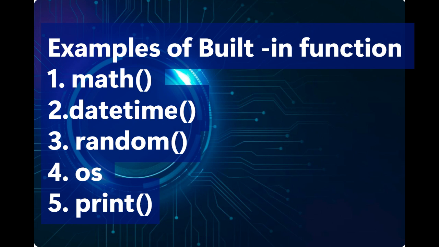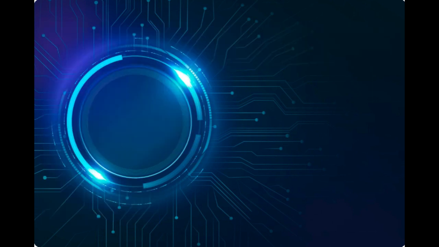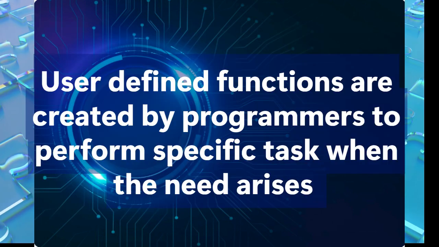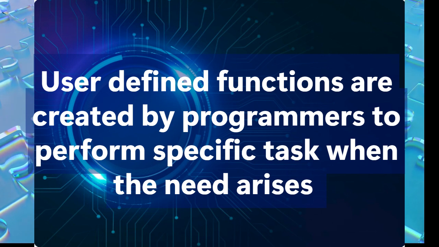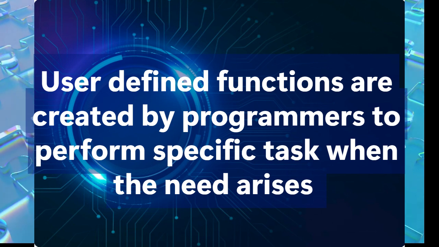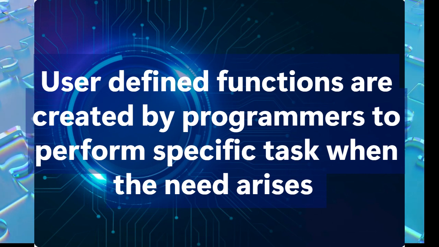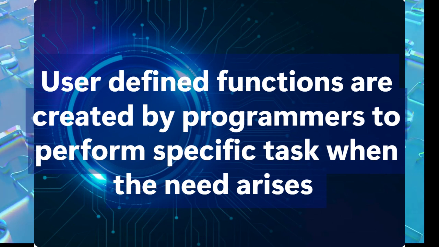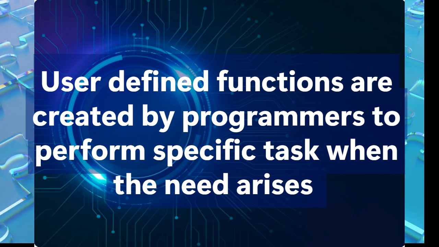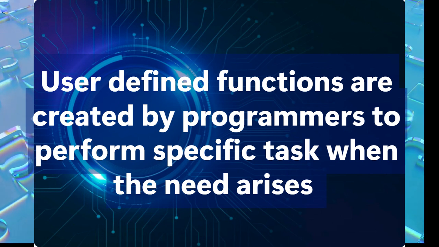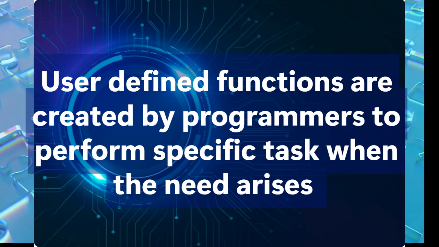While the user-defined functions are the ones that programmers need to consciously create, as in to solve a particular problem or to perform a specific task. So these ones are not built into the Python library, but the programmers have to create them when the need arises.